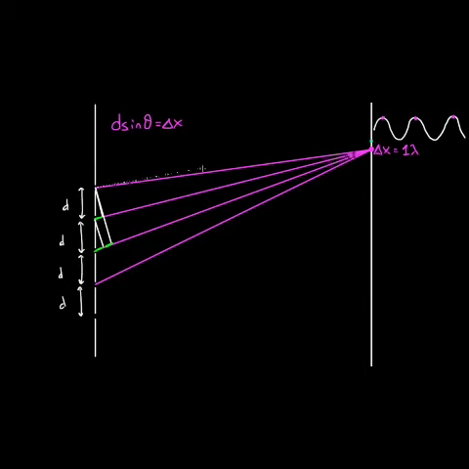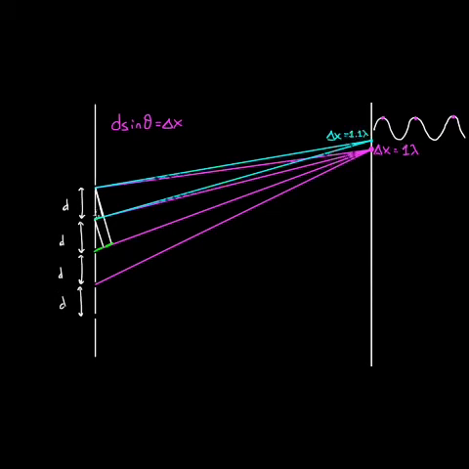This wave from this first hole would travel that far to get there. Okay. And the wave from the second hole travels that far to get there. The path length difference isn't going to be 1 wavelength. Let's say the path length difference happens to be 1.1 wavelengths.